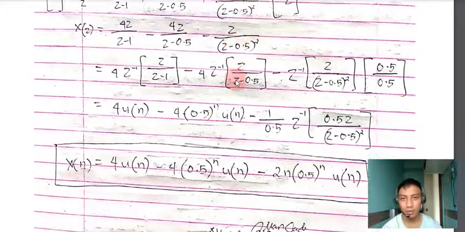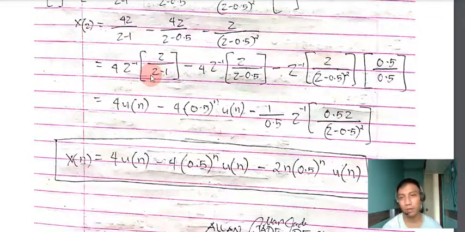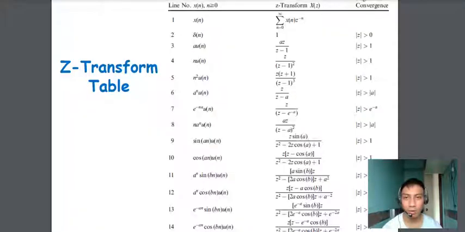So applying the z transform pair from the table, we have 4 inverse of z over (z minus 1) minus 4 inverse of z over (z minus 0.5) minus inverse of z over (z minus 0.5) squared. So we multiply by 0.5 here, since from the table, table line number 8, we have az over (z minus a) squared.